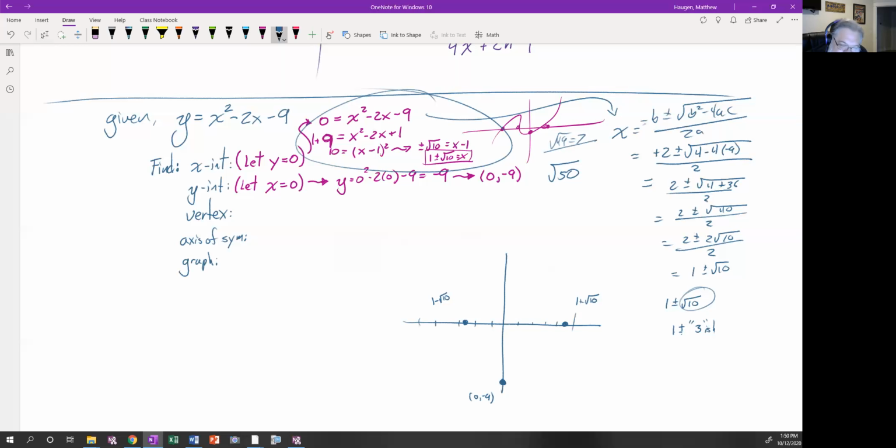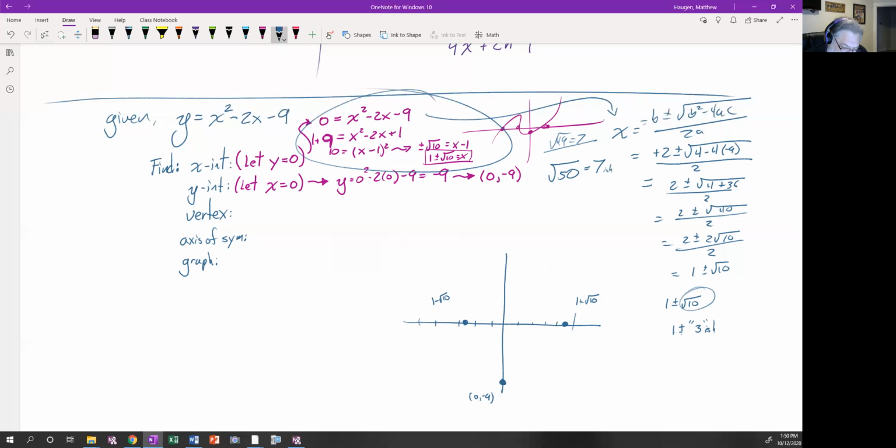What's the square root of 50 about? 7. Okay, it's 7-ish. But you got to kind of allow yourself to do that. 1 plus the square root of 10. How am I supposed to know where that is? Well, it's 1 plus a little more than 3. Okay, right there. Fair?